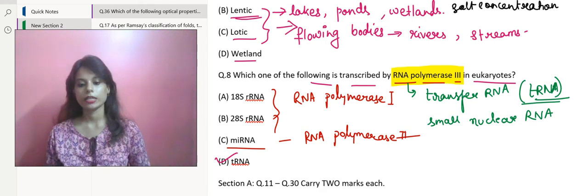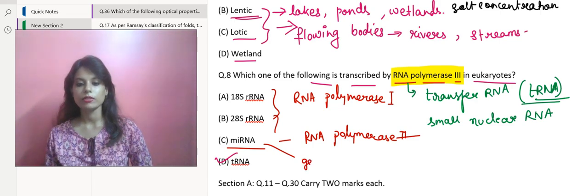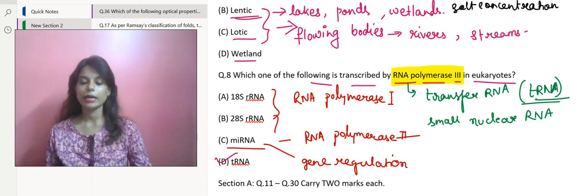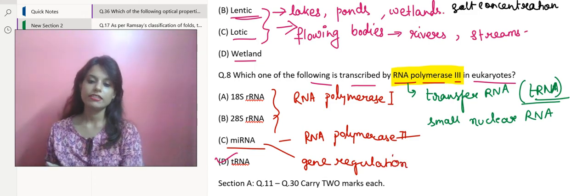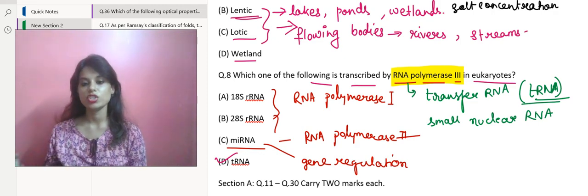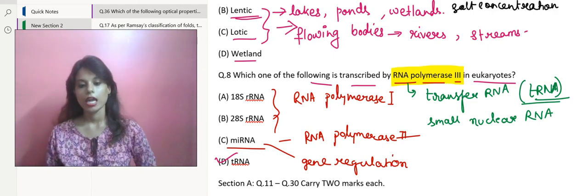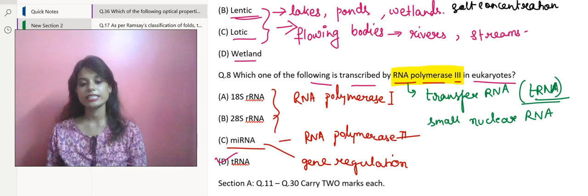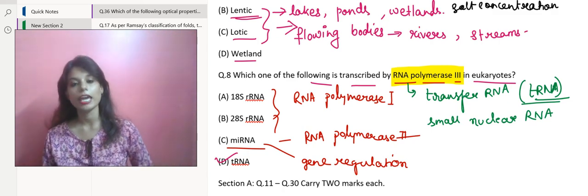Okay, that's the work. And we can also say that miRNA plays a role in gene regulation by binding to complementary sequences on messenger RNA, or mRNA, and inhibiting the translation or causing the degradation of the mRNA.